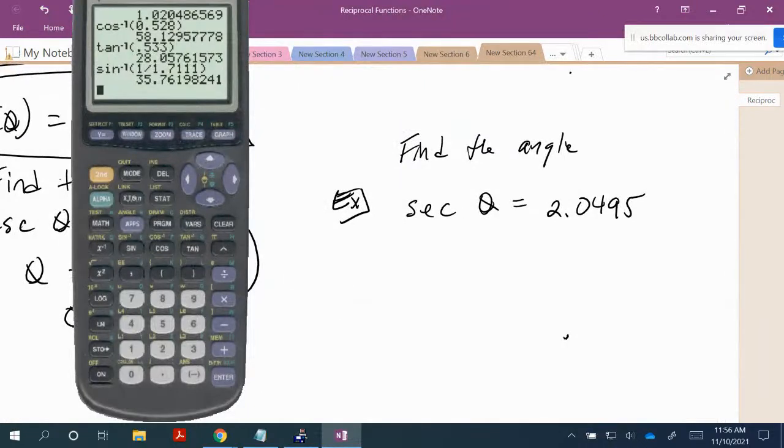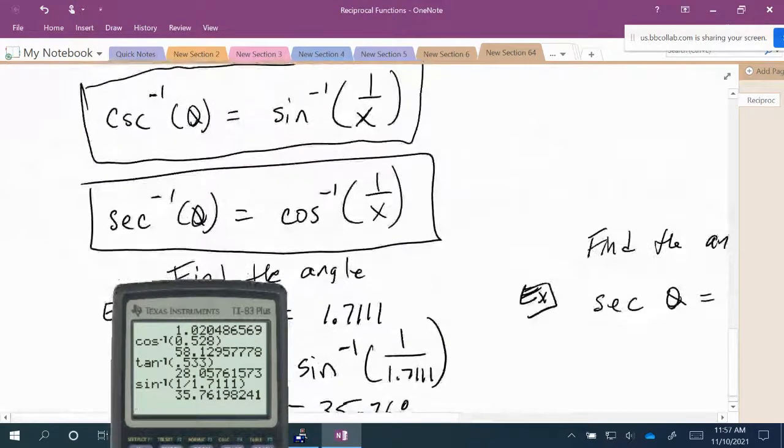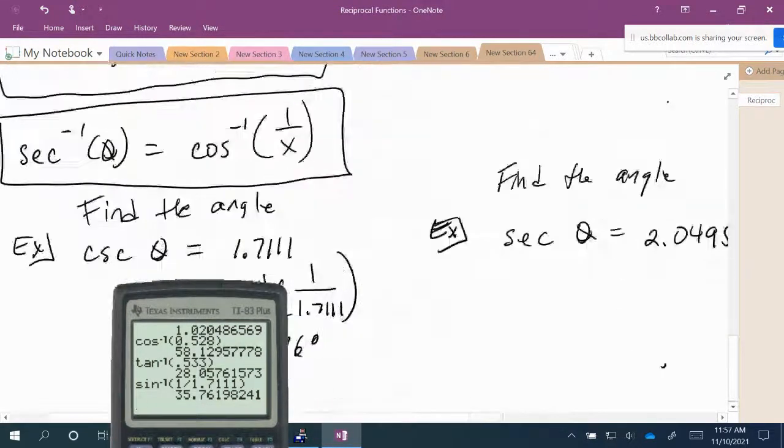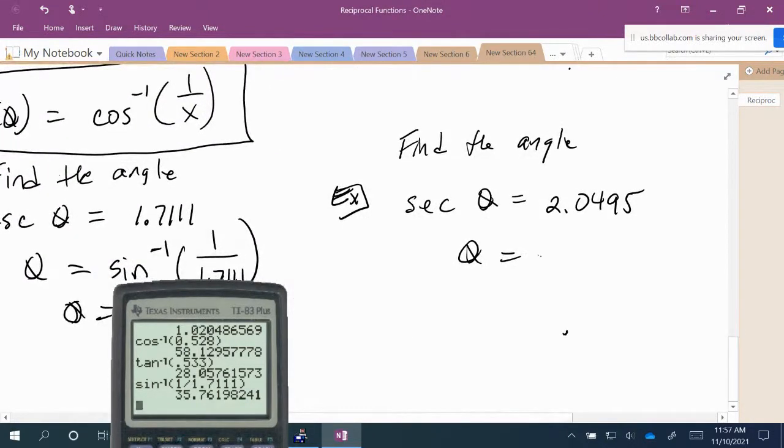All right, for the last example, we want to find the angle for the secant of some unknown angle is equal to 2.0495. So keep in mind there is no secant function on the calculator. So if I look at the second formulation, we're going to write this out as theta is equal to the arc cosine of 1 over x, and x is 2.0495.